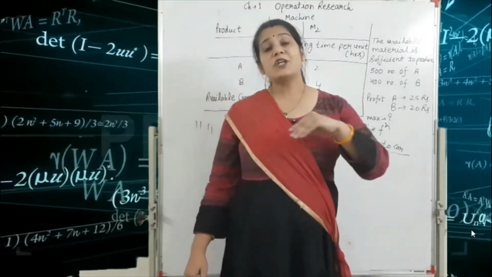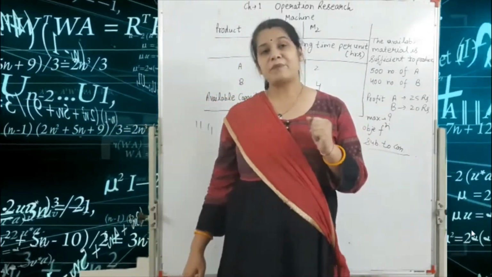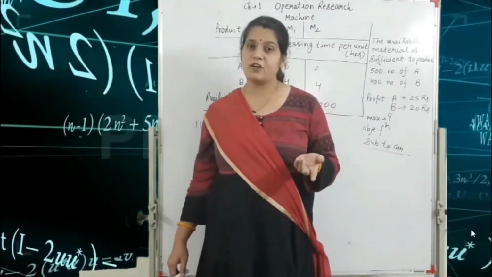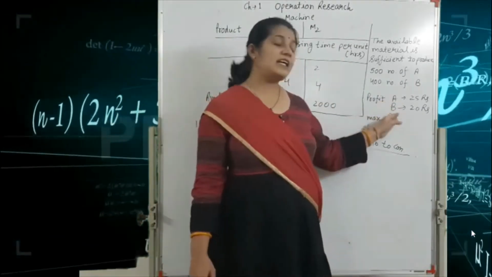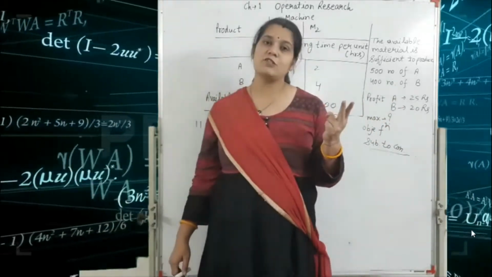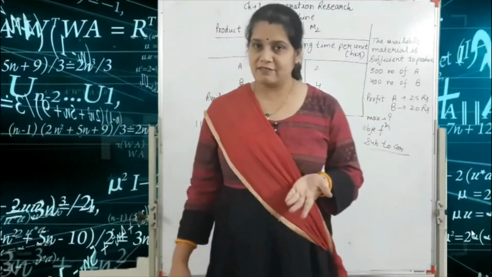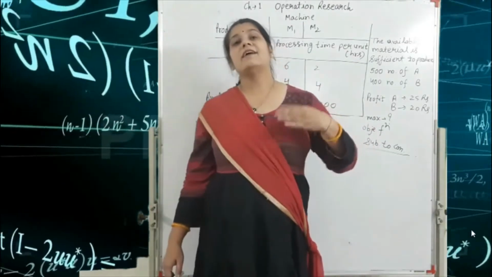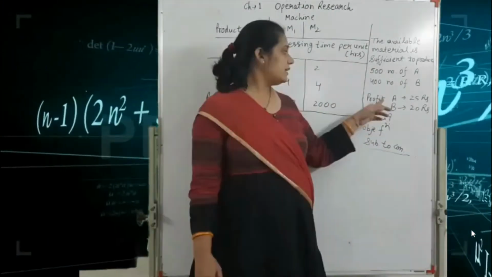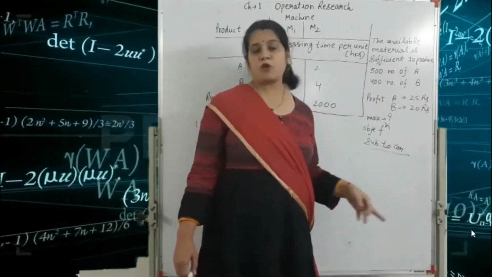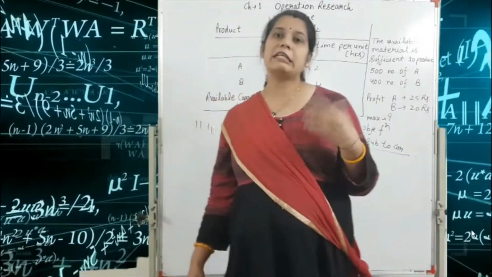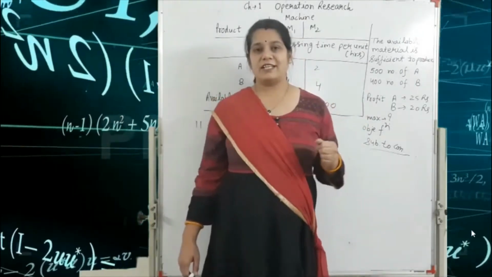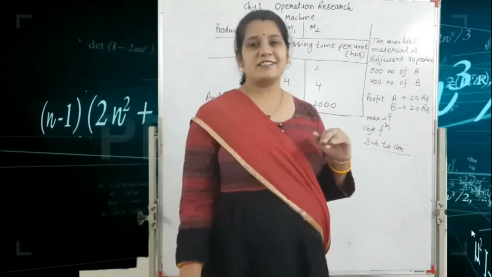Your objective function always depends on the maximization or minimization form, that is, the profit and loss. So if the values are given in two numbers, you consider two decision variables. This is a very important trick for formulating the LP model. And if the profit or loss is given in three values, we consider three decision variables. Got it?